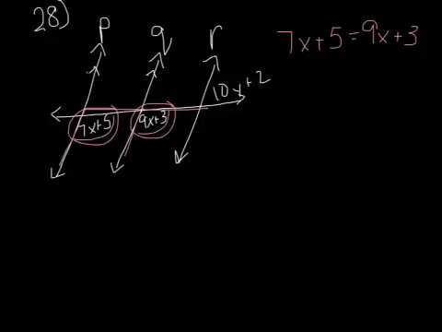Remember, that's an equal sign. Subtract 7x. Good job, Mark. From both sides. And remember, I can only combine things that also have an x. So I'm going to get rid of that because 7x minus 7x is no x's.